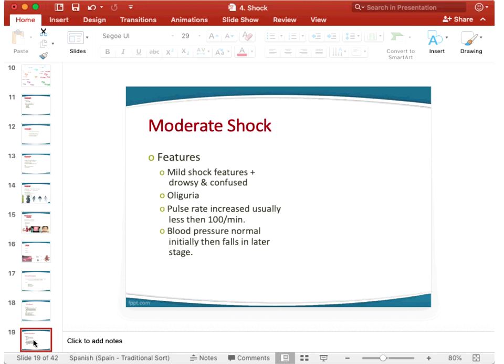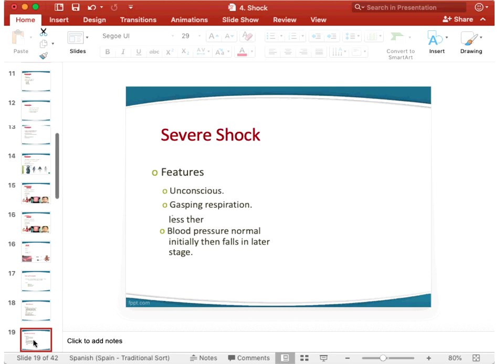In moderate shock, you're going to find this clinical scenario very much profound, such as your patient is unconscious or feeling dizzy or sleepy. Your patient is not making any urine, and is already tachycardic and hypotensive, and if you don't act quickly, this will evolve to the next step, which is severe shock.